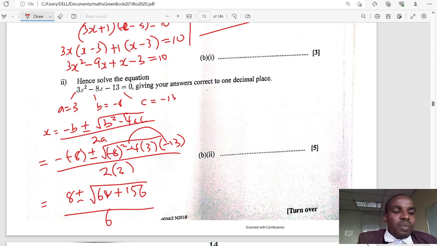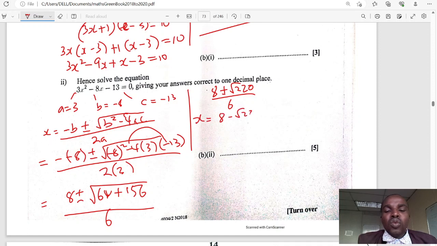Then you can simplify this part. 156 plus 64. You get 220. So it will be 8 plus or minus root of 220 over 6. So your x will be 8 minus root of 220 over 6, or 8 plus root of 220 over 6. Just like that. So you can find your calculator. Then you can simplify.